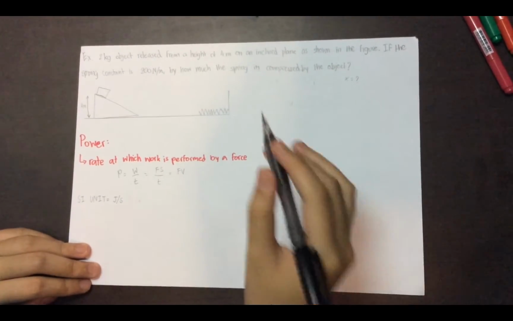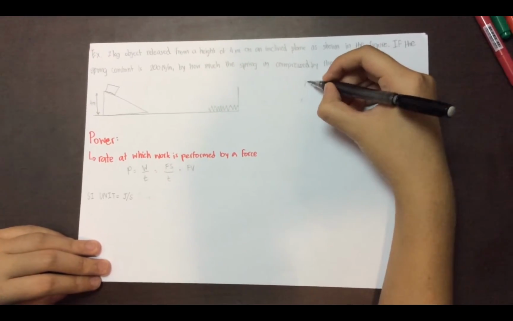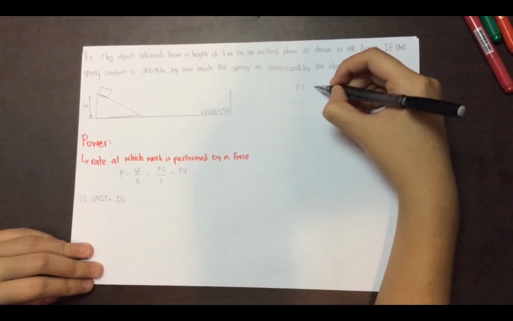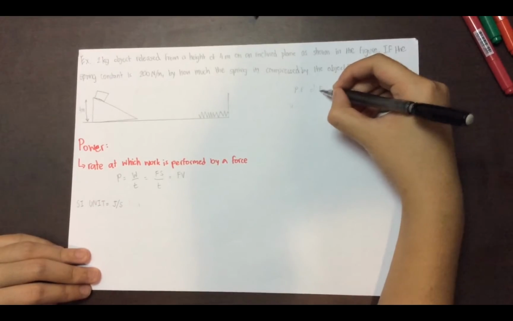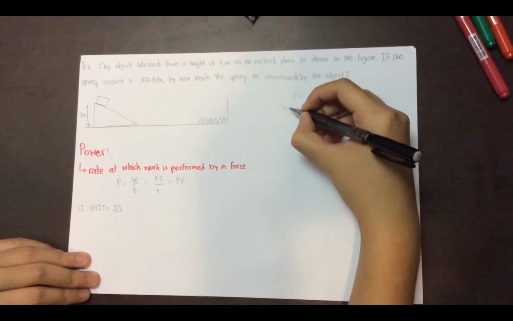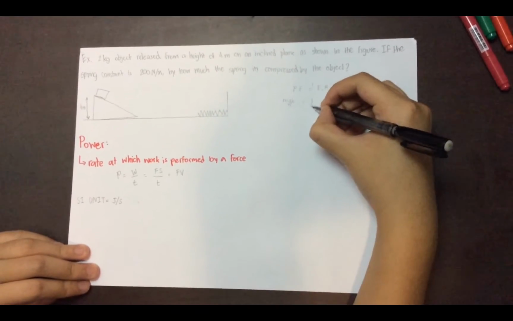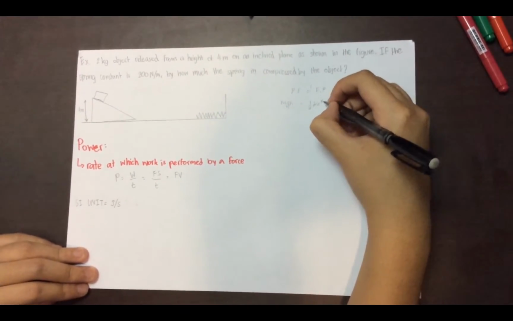In this example, we use two formulas: PE equals EP. The formula for PE is mgh, and for EP is 1/2 kx squared.